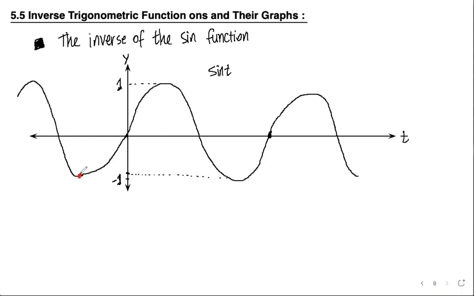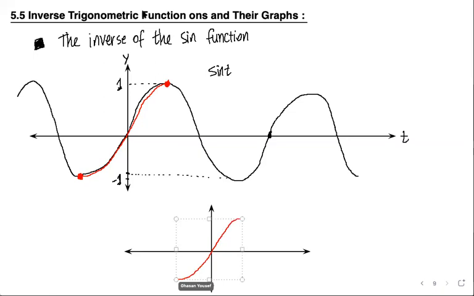I mean, I'm going to take only this piece of the function, from here to here. I want to graph this piece down here, something like this. This is the piece, the red one.